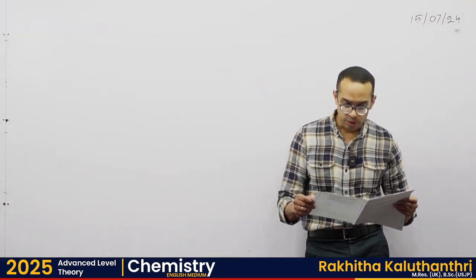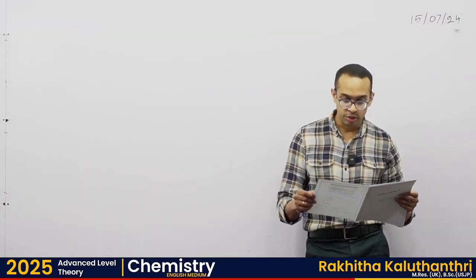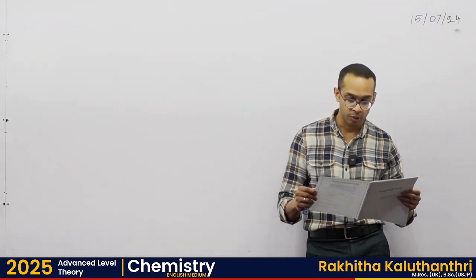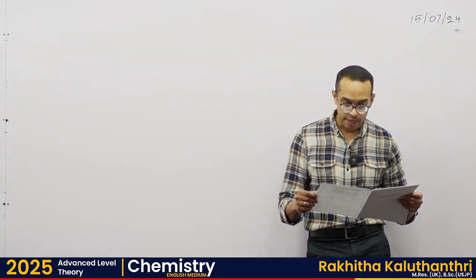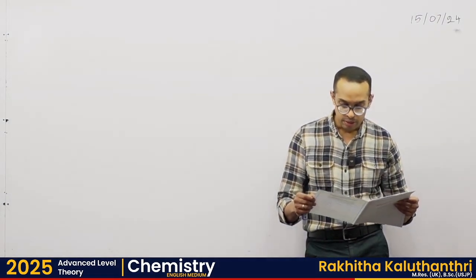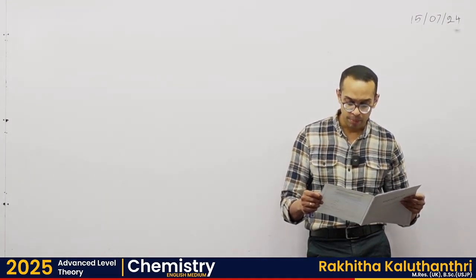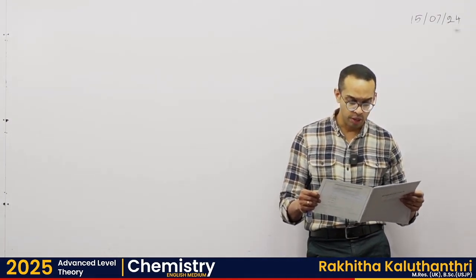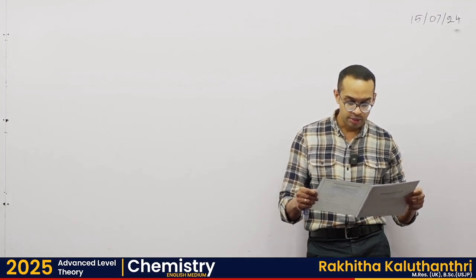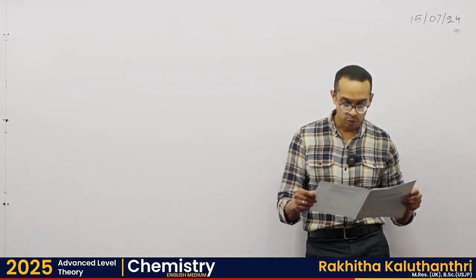They say the table shows energy values used in the Born-Haber cycle for magnesium chloride. Complete the Born-Haber cycle for magnesium chloride by adding labels for each of the 4 energy changes and writing formulae in 2 empty boxes.